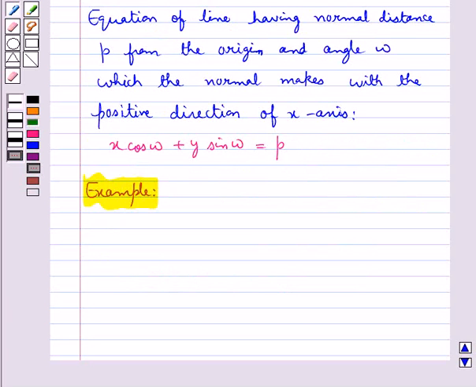Let's try and find the equation of a line whose perpendicular distance from the origin is given by p equal to 5 and the angle between the positive direction of the x-axis and the normal is 30 degrees, that is omega is 30 degrees. Then the required equation of the line is given by x into cos 30 degrees plus y into sin 30 degrees is equal to 5.